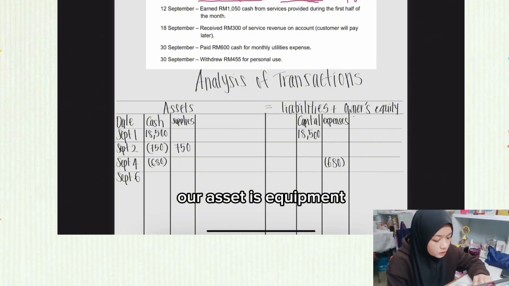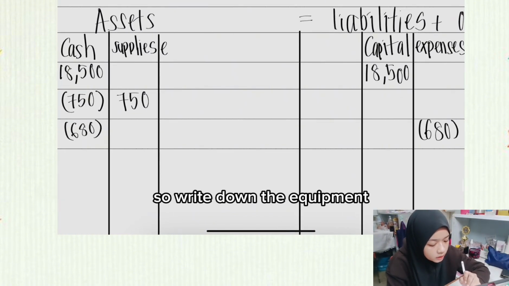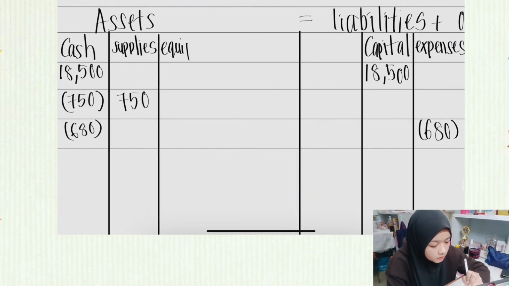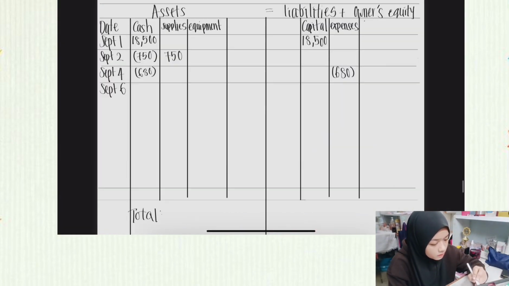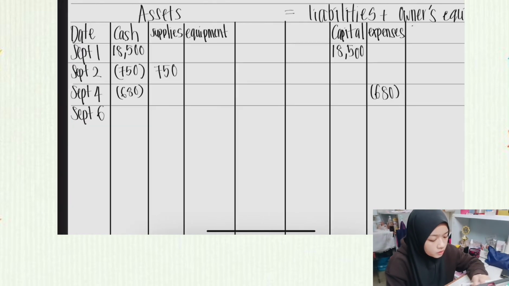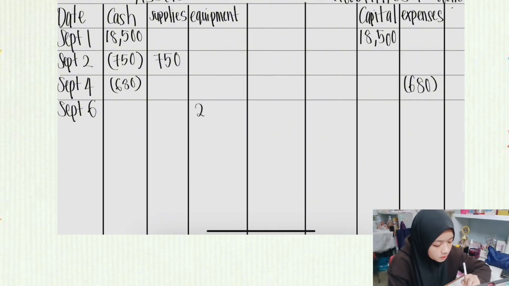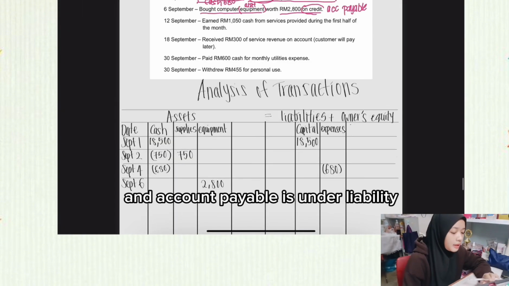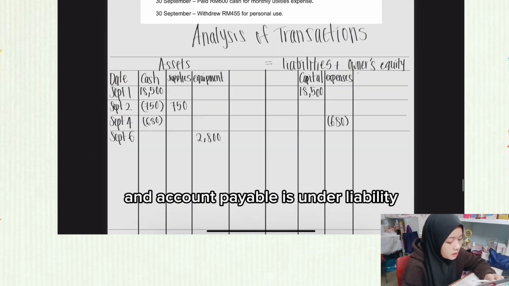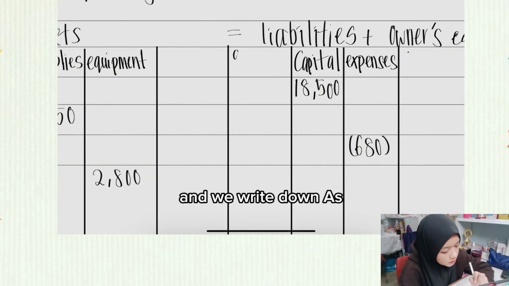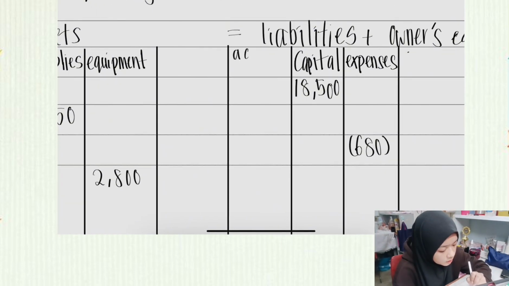Our asset is equipment, so write down the equipment. 2,800. And account payable is under liability, and we write down as account payable.